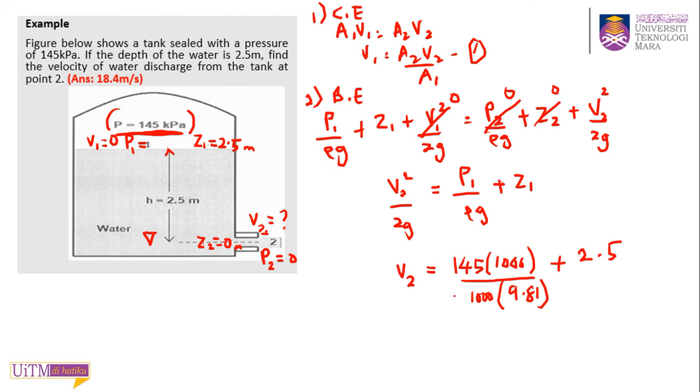So this 2G can be cancelled out, as I wrote earlier, 2 V2 squared over 2G. What is the value here? Can someone calculate this? 145 divided by 9.81 plus 2.5. What is the value here?